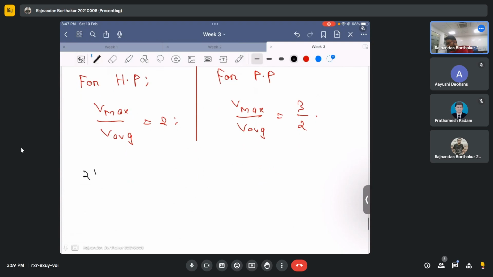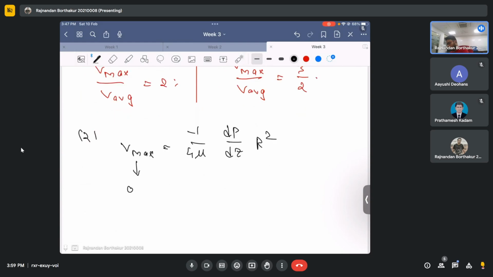In the second part, V max is just 1 upon 4 mu times dp dz into r squared, where V max is 0.04. You just substitute it. Mu for water is of the order of 10 to the power minus 3 Pascal second. I don't know the exact value.